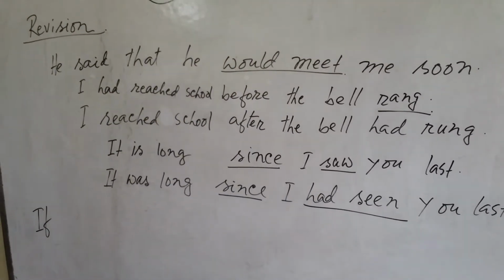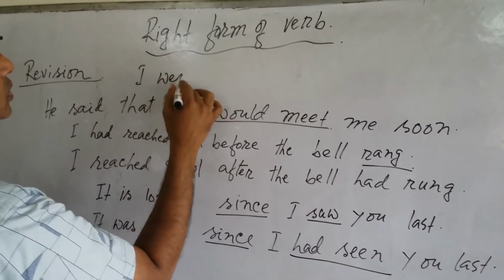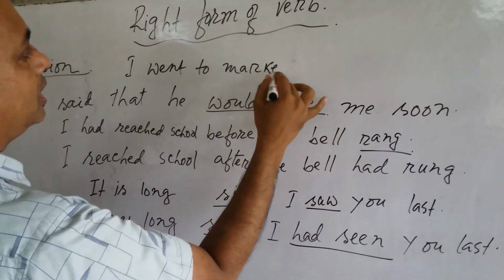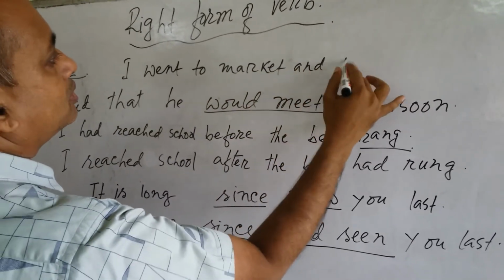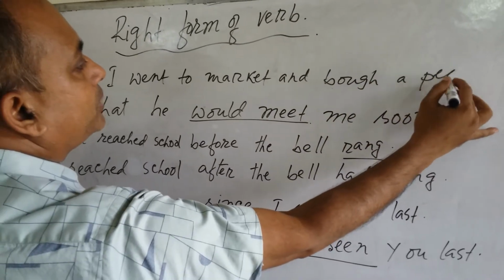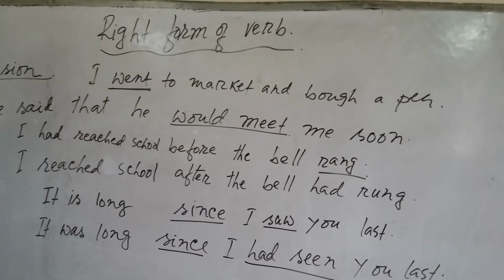I went to market and bought a pen. The sentence starts with past, went.